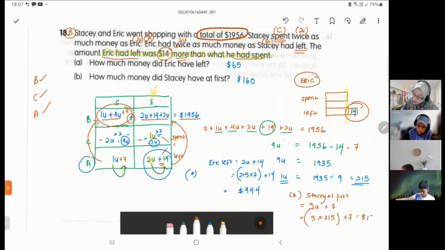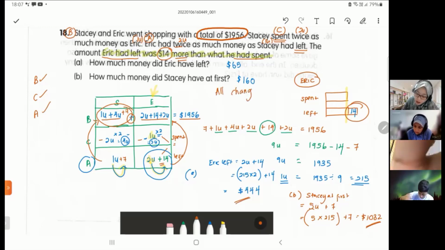The answer will be 1082. That is the answer for part B. Okay, what concept is this? This is the all changing quantities concept.